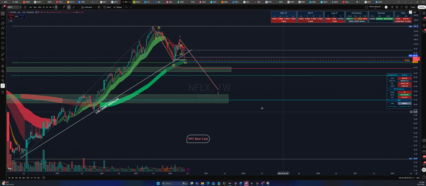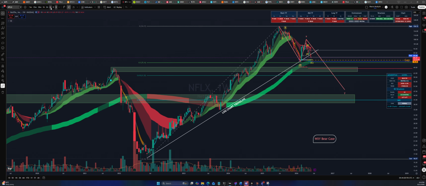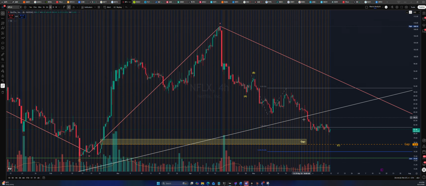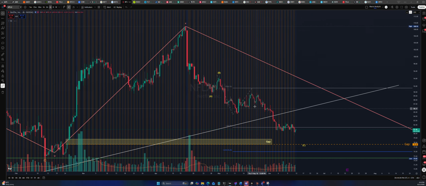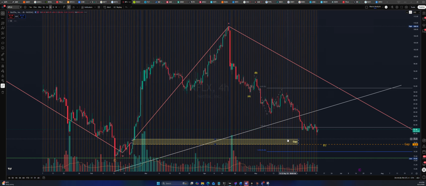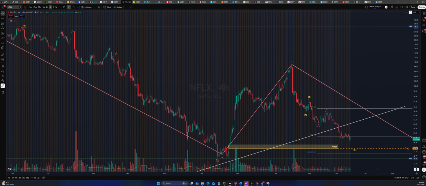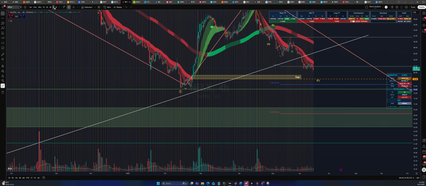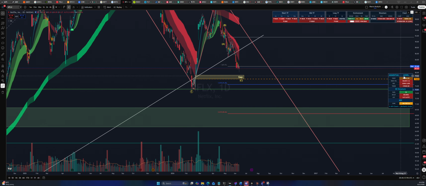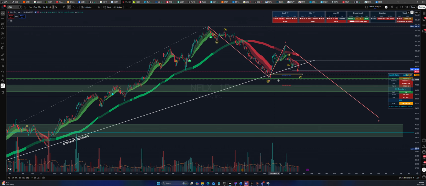So anyone who is buying Netflix, and I am looking to buy Netflix, especially as the market is bullish, if I'm to buy Netflix, my stop would have to be $75, because once Netflix starts going below $75, it has invalidated the bullish case scenario, and now you're in a Y wave to the downside.